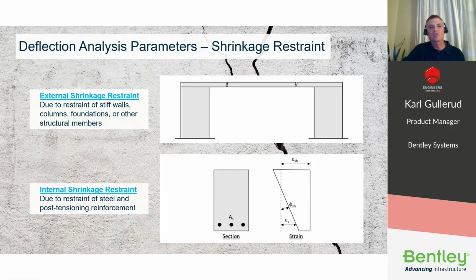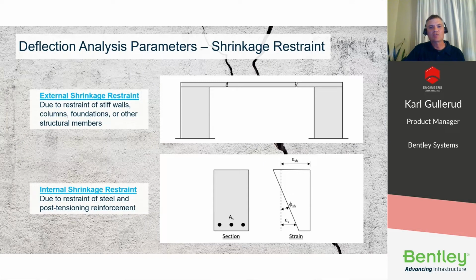When there is more reinforcement on either the top or bottom face of the concrete section, the unbalanced restraint causes a warping of the section. That curvature adds to the curvature associated with externally applied loads. Internal shrinkage restraint can be calculated using first principles if the reinforcement contained in the cross-section is known.